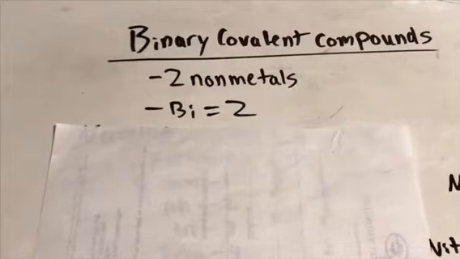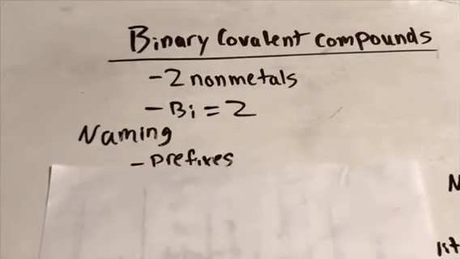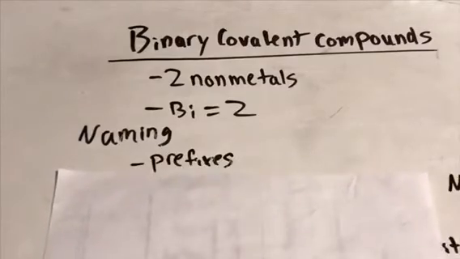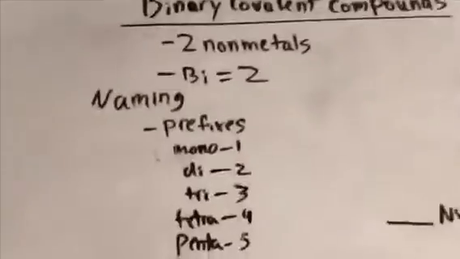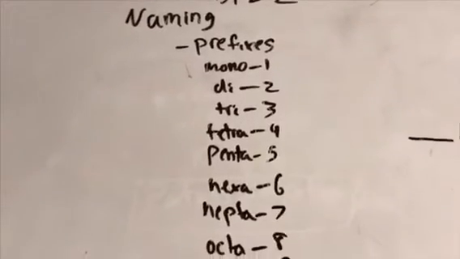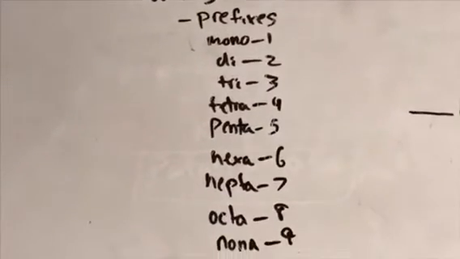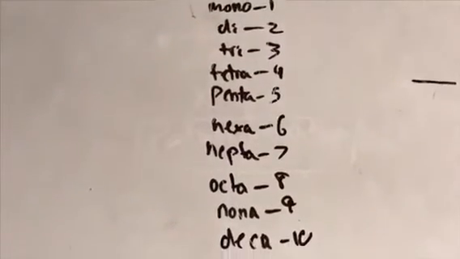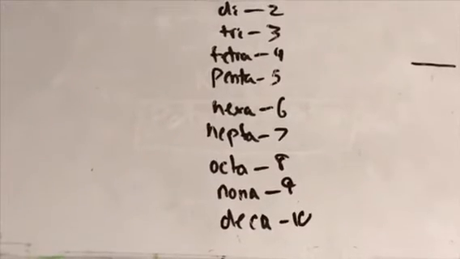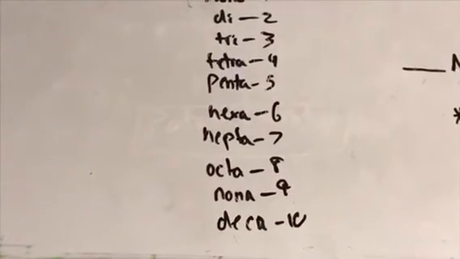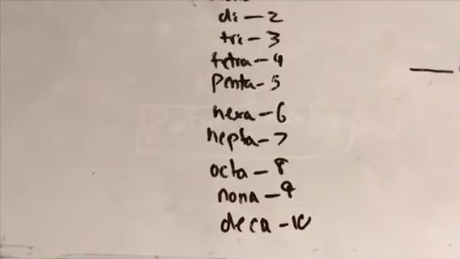So how do you name these compounds? Well, you use a set of prefixes that I've written out right here. Mono, which is 1, di is 2, tri is 3, tetra 4, penta 5, hexa 6, hepta 7, octa 8, nona 9, and deca 10.